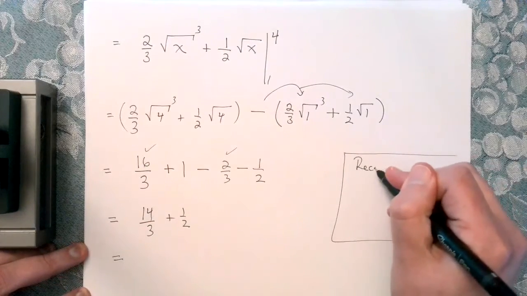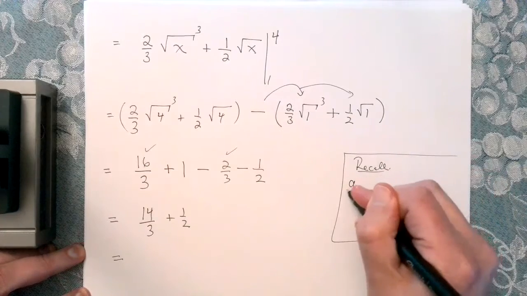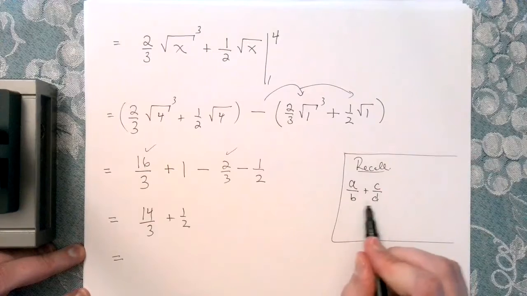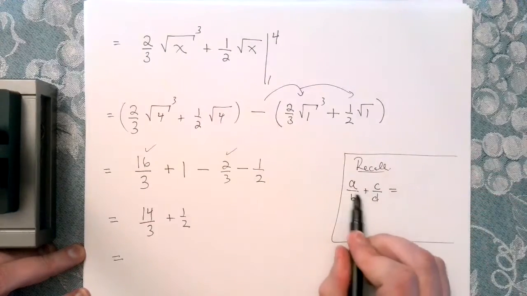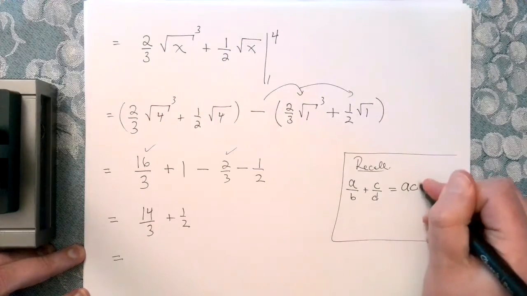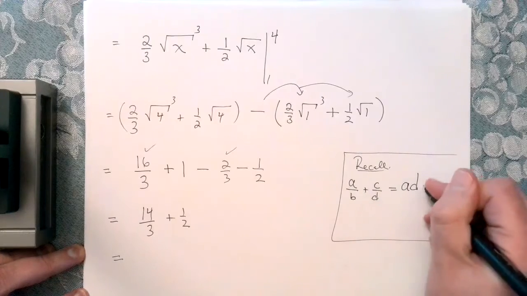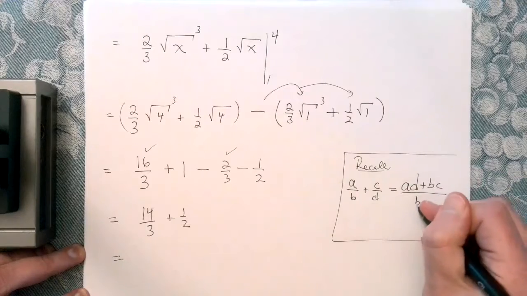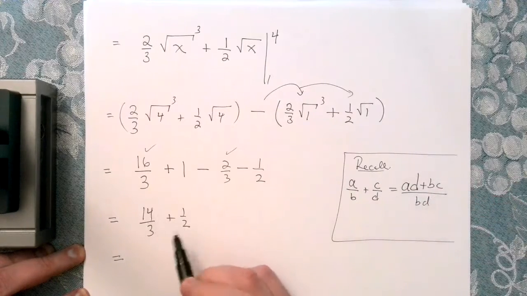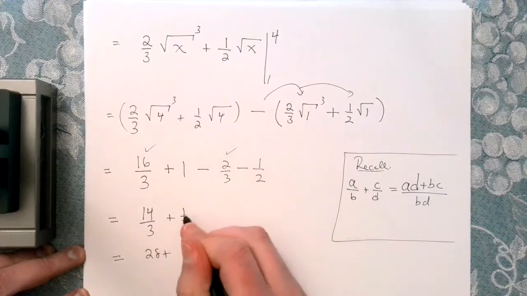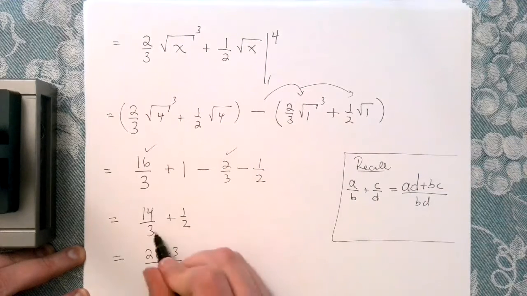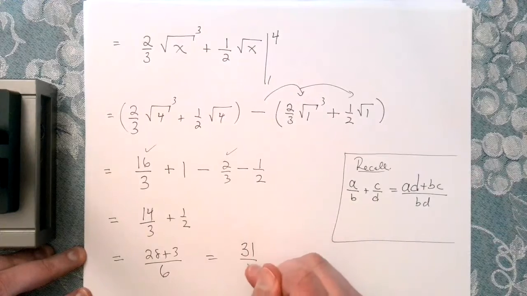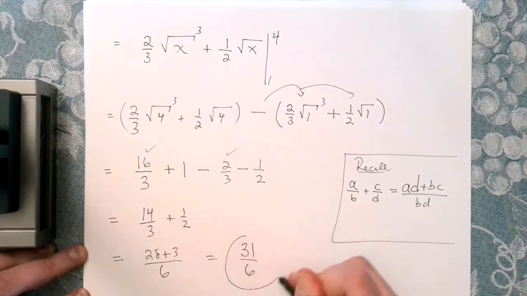Recall a over b plus c over d, assuming the denominators are non-zero, is equal to the product AD plus the product BC over the product BD. So this product is 28 plus this product is 3, over this product is 6. And that gives me 31 over 6. And that's the length of my curve.